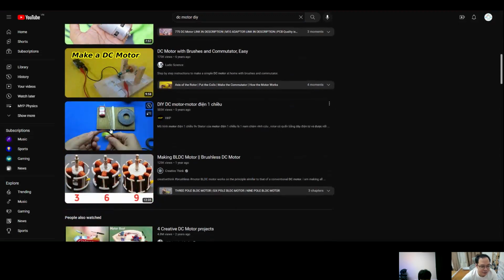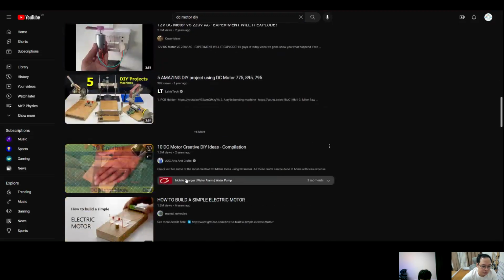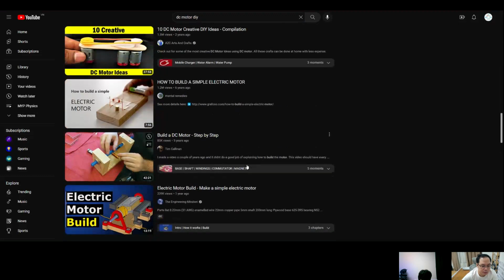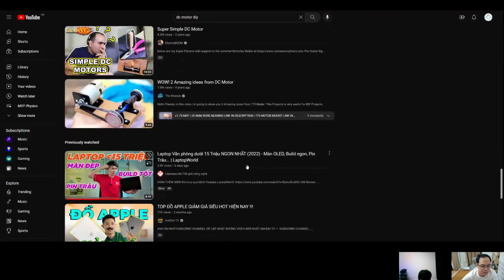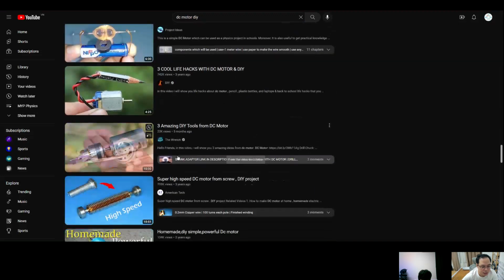Okay, this is the DIY electric motor. We can even do a much simpler thing like this. I'm looking for the simplest thing, with simply a battery like this.